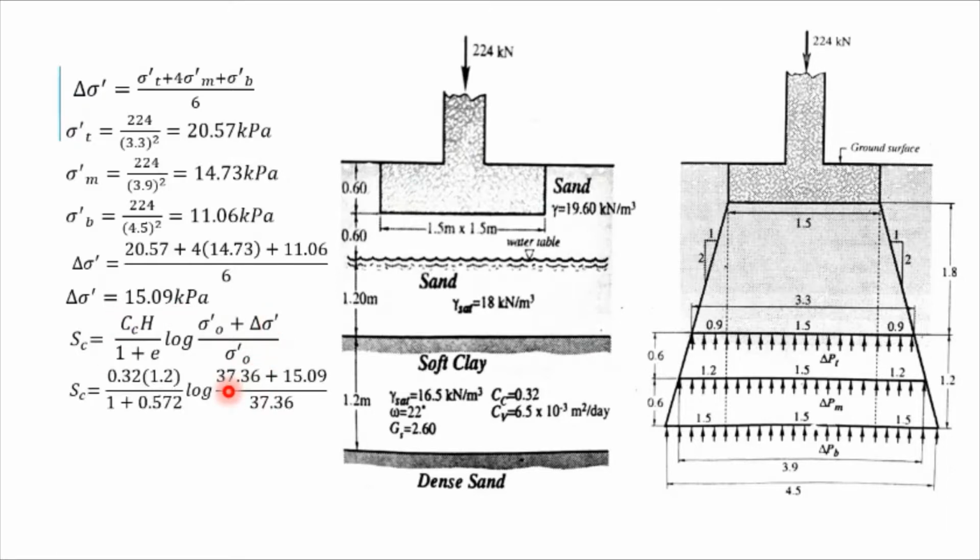So we just have to substitute 0.32 multiplied by the height of the clay layers 1.2 over 1 plus 0.572 logarithm of 37.36 plus 15.09 over 37.36. Sc or the primary consolidation settlement is equal to 0.03599 meters or 35.99 millimeters.